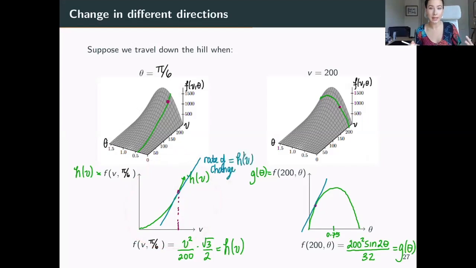We know how to take the derivative of a single variable function and evaluate the rate of change. Similarly, at this point on our trace in terms of theta, the rate of change is going to be equal to our g prime of theta. So if I'm looking at rates of change in traces, this is relatively straightforward to define. All we need to use is our previous notion of a derivative for single variable functions.